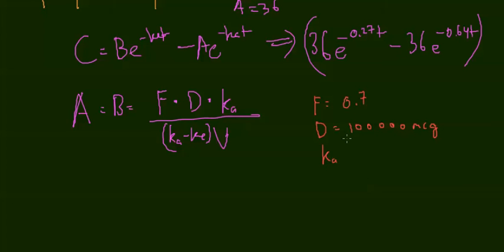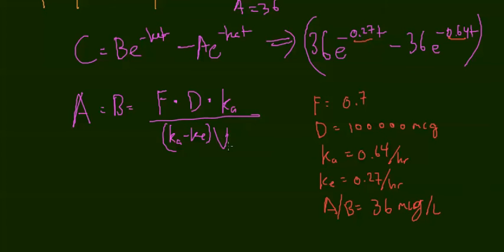Ka we found is right here. Ke is right here, per hour, and then A or B doesn't matter. It's the same thing as 36 micrograms per liter.